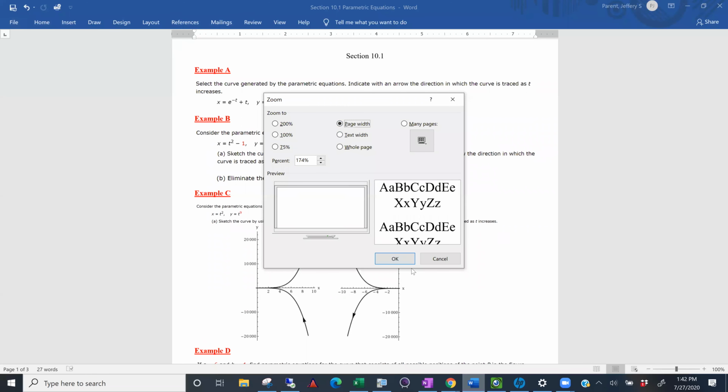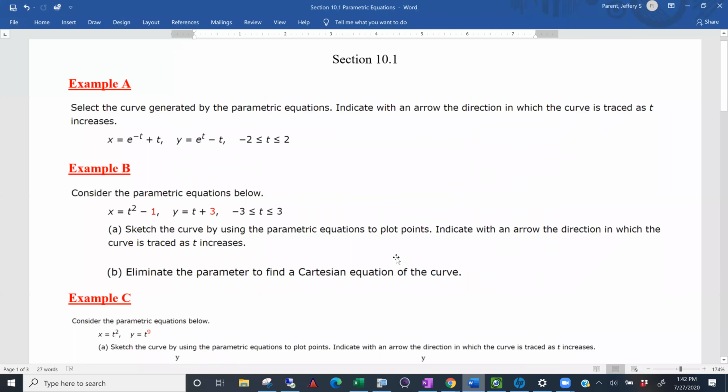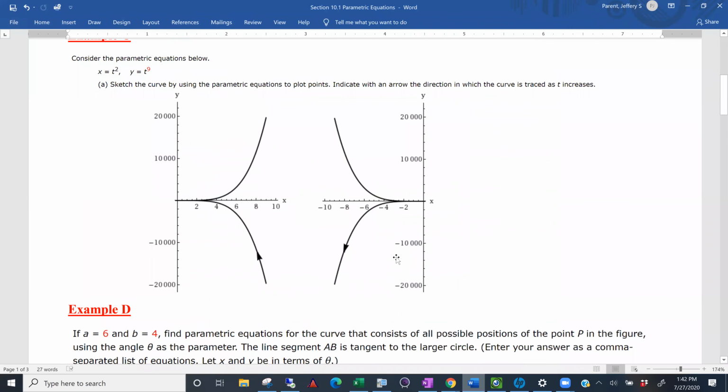So let's make this a little bit bigger. But in showing you these graphs, they're actually giving you a good idea of what your window settings should be.